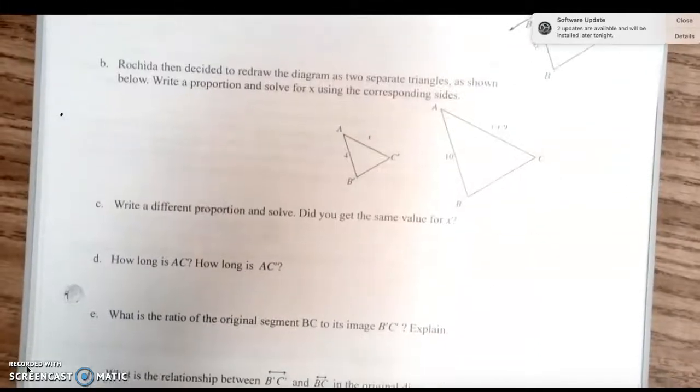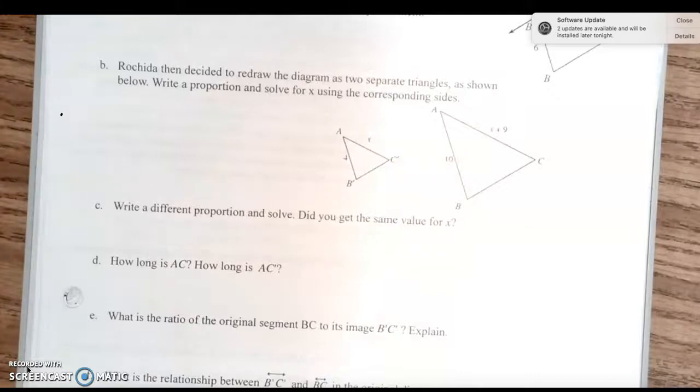For part B, it says Rochita then decided to redraw the diagram as two separate triangles as shown below. Write a proportion and solve for x using the corresponding sides. Part C, write a different proportion and solve. Did you get the same value? Part D, how long is AC and how long is AC prime?